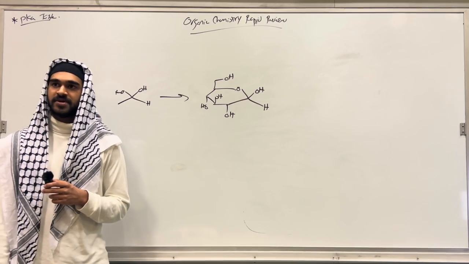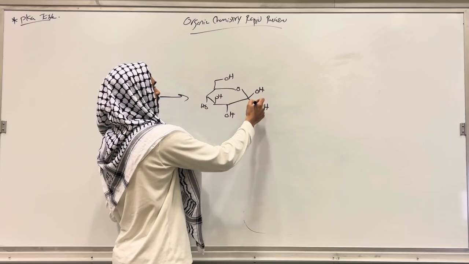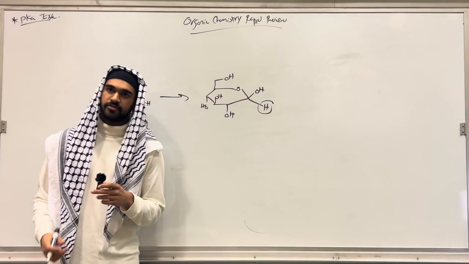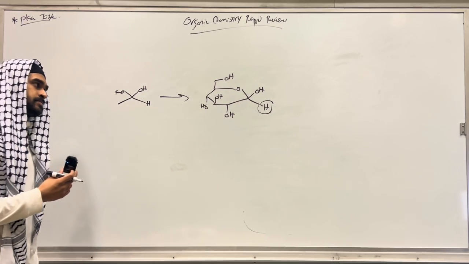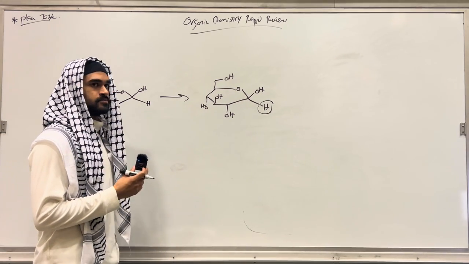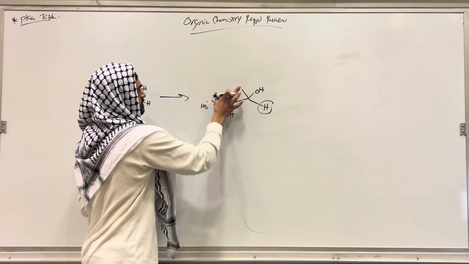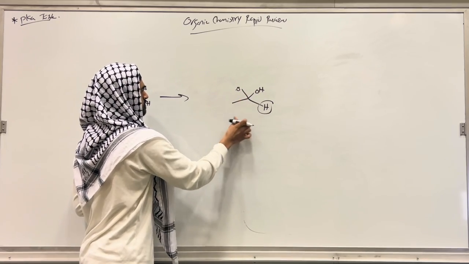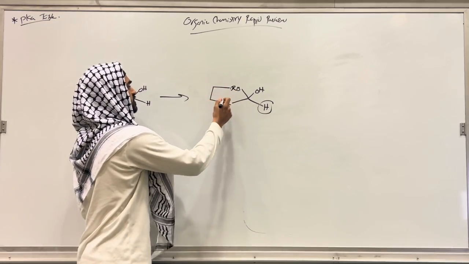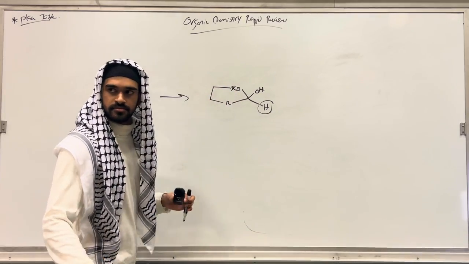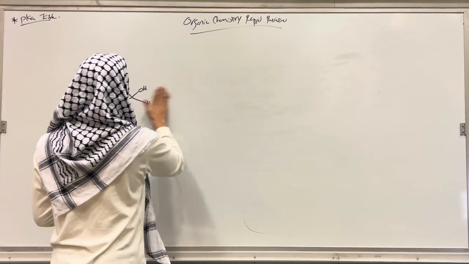Glucose in a ring form is a hemiacetal. OH, OR, H. Hemiacetal. All because we took this and turned this whole thing. It's just that those two R's are connected. Okay.